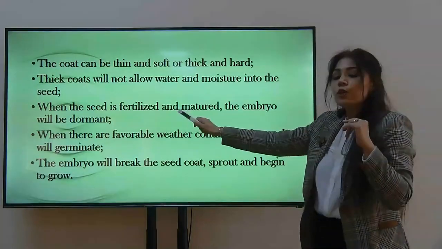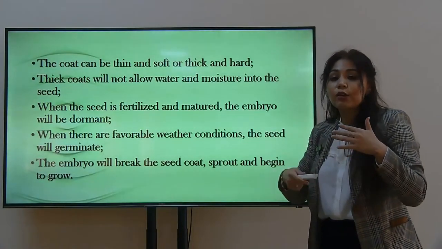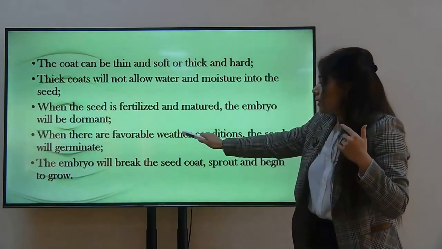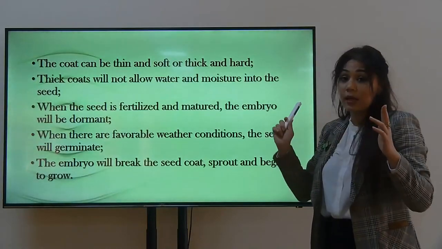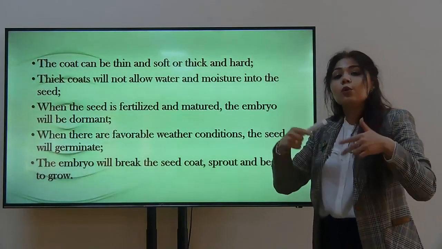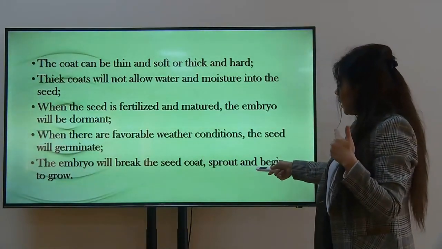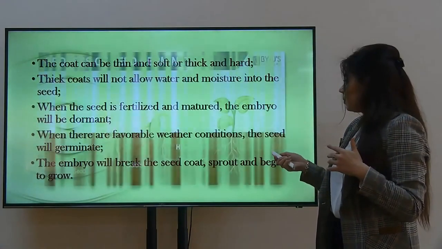And when the seed is dormant, we may say it is in an inactive or passive state of the embryo. And when there are favorable weather conditions, the seed will germinate. Germinate means the seed will start to grow. And the embryo will break the seed coat, sprout, and begin to grow.